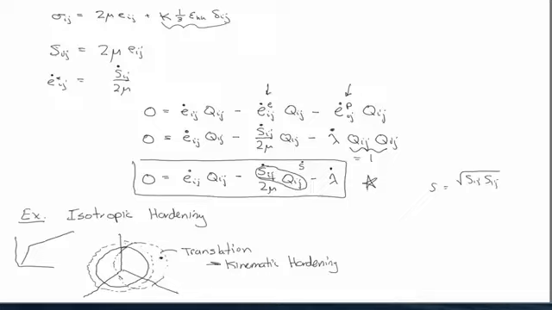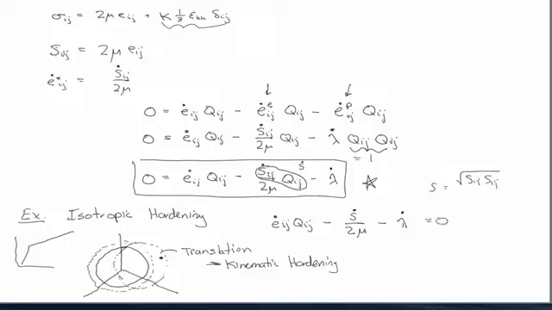Let's rewrite this equation: Eij Qij minus S dot, where it's understood that that's my scalar, minus lambda dot, and it's equal to 0, right?